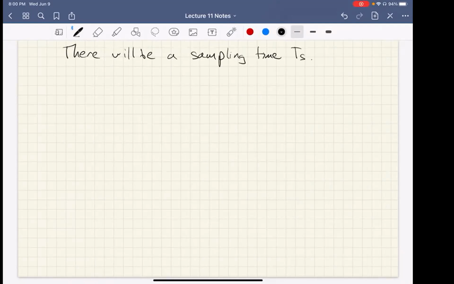In other words, we're going to release the molecules at time 0. We're going to wait, and then at some time TS, we are going to sample R, and at that time, we count the number of molecules in R.